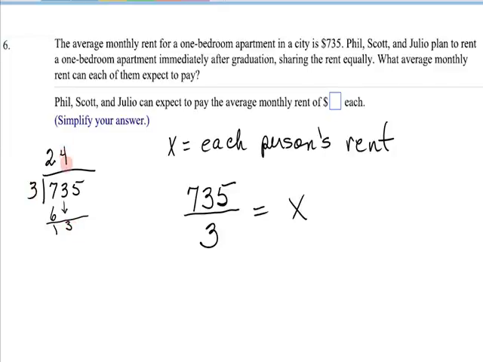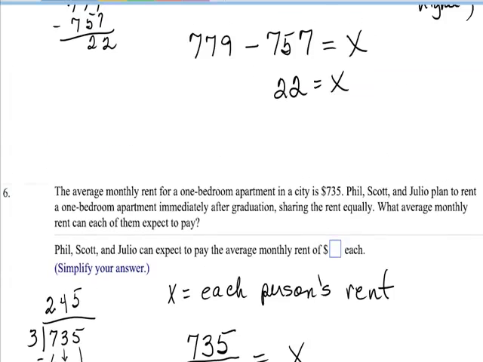Well, it goes 4 times. 4 times 3 is 12. 1 and bring down the 5. 3 goes into 15 5 times. 5 times 3 is 15. So I have a remainder of 0. Each of these guys needs to plan on spending $245.